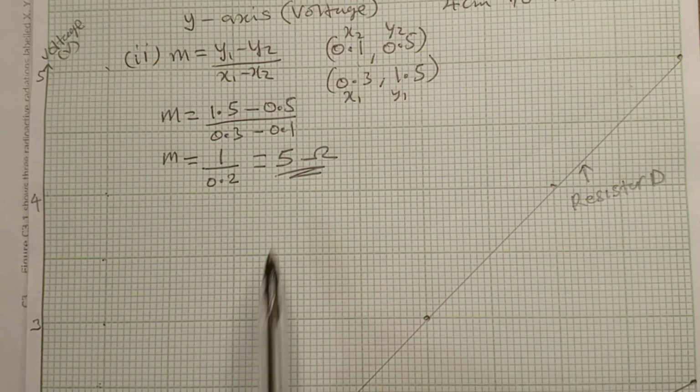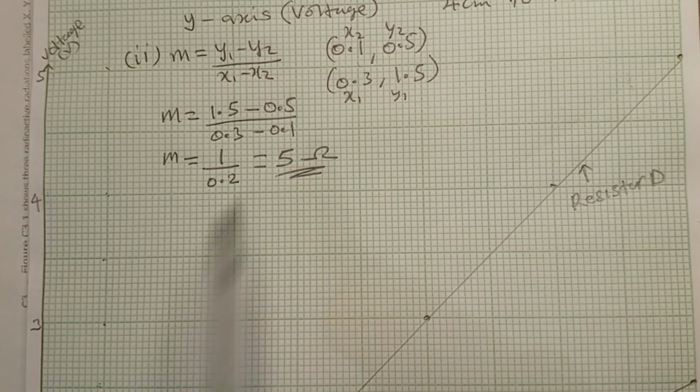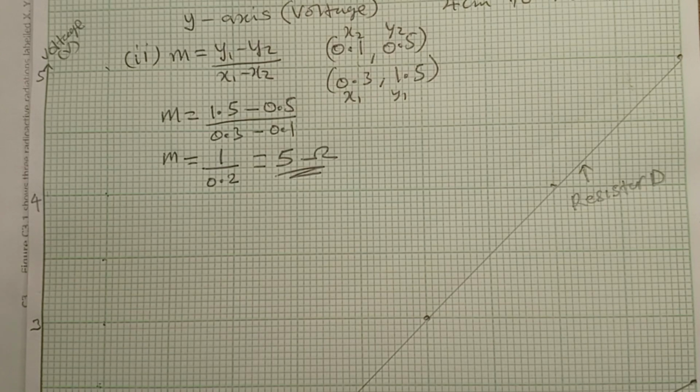We have already calculated for resistor C. So I'm going to pick two coordinates for resistor D. Then I calculate also the resistance. Then we compare. So remember that for the values of x, they are not changing. The only thing that is changing is just the values of y.